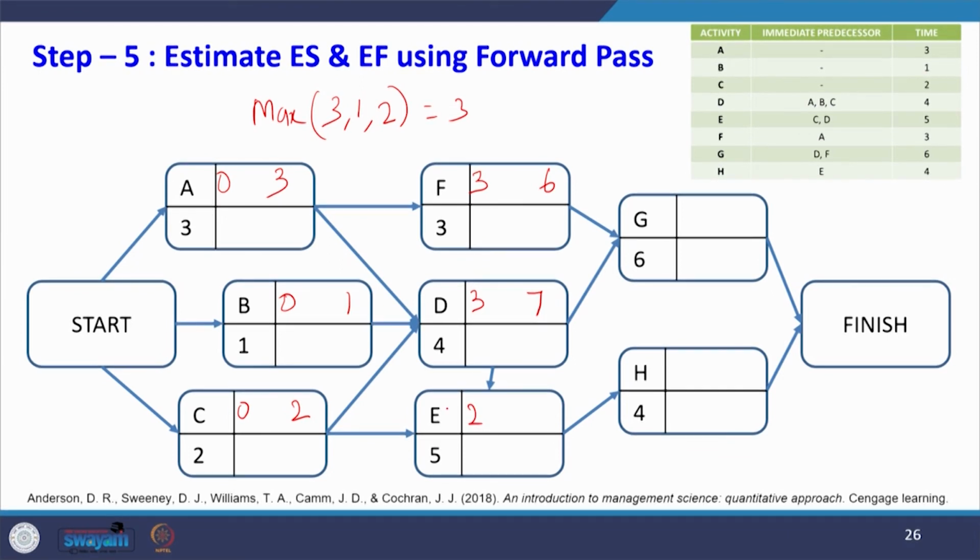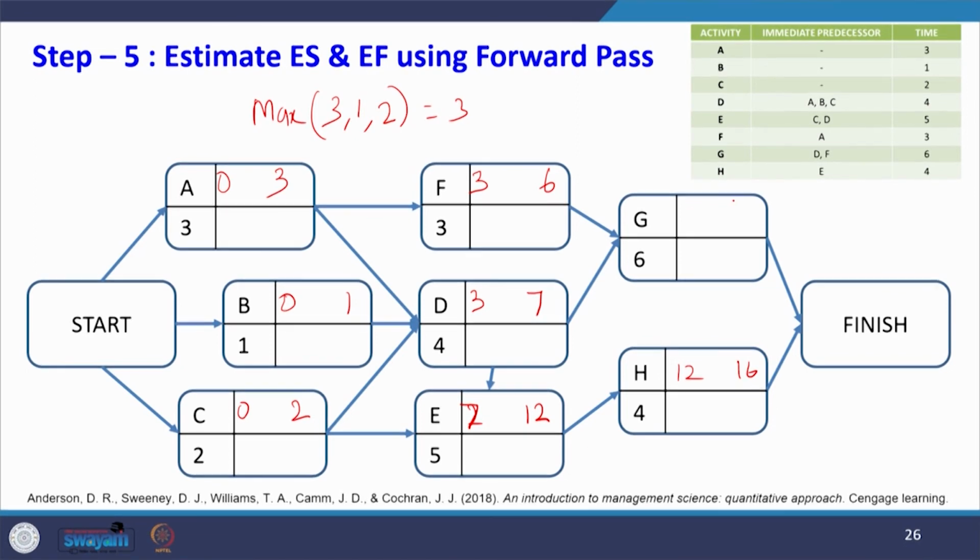So, now for activity E there are 2 predecessors. What are they? D and C. Which is the largest value of their earliest finish time? So, between 2 and 7, 7 is the largest one. So, 7 will be the earliest start time. So, this will be 12. Now, 12 it is 16.